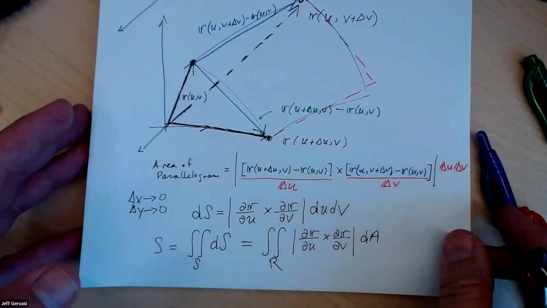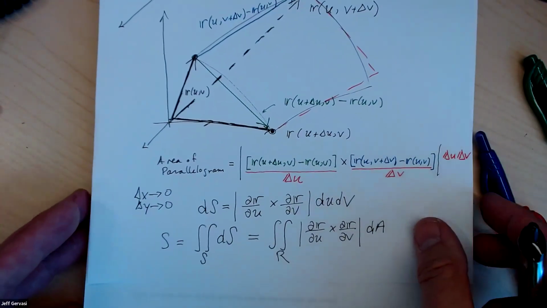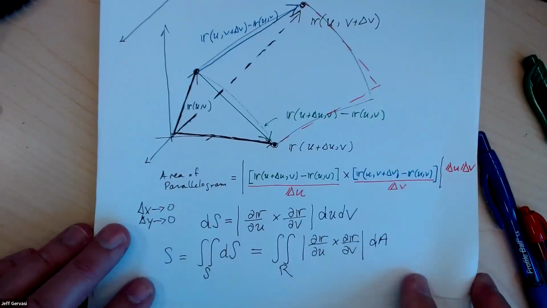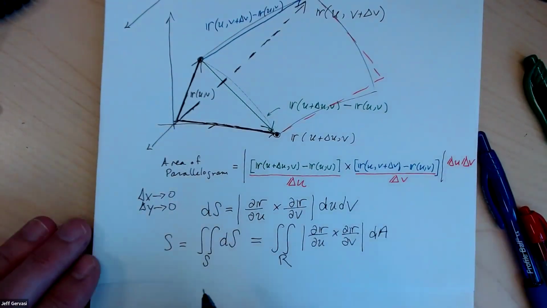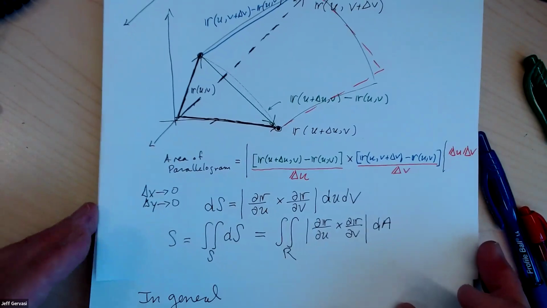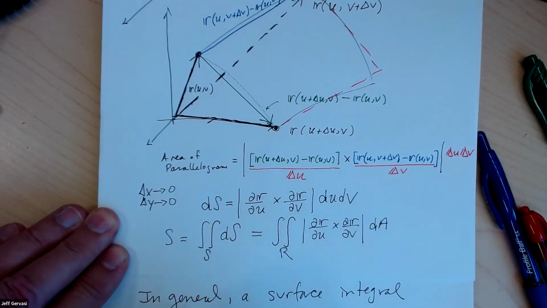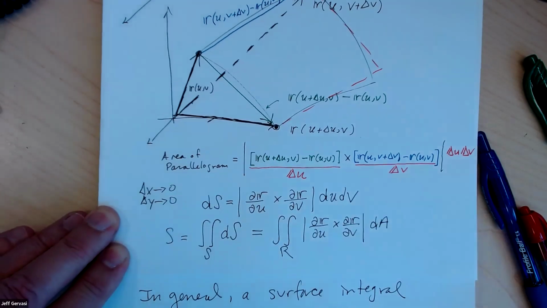And I'm just going to make one quick little note here at the bottom. I ran out of paper here, but I'm just going to mention this. Let's say in general, a surface integral has the form like that.